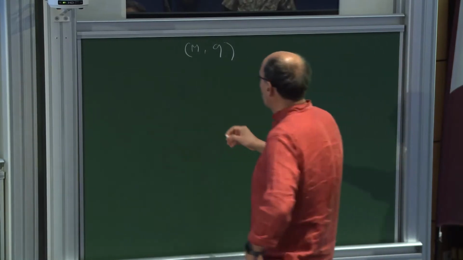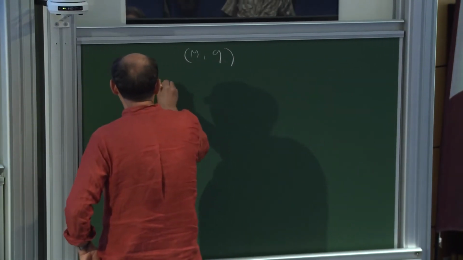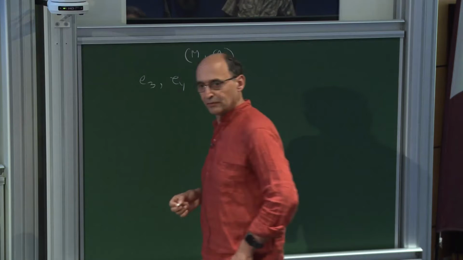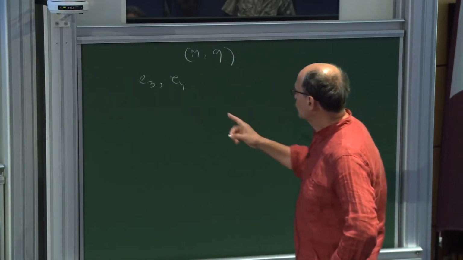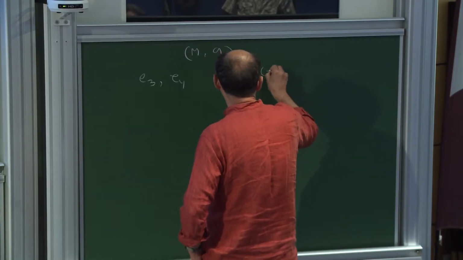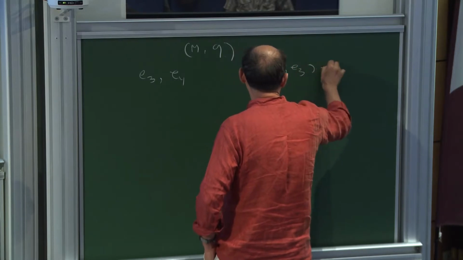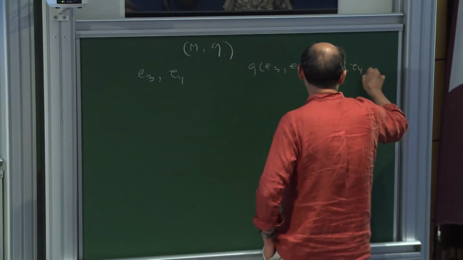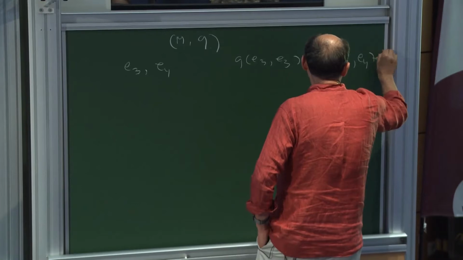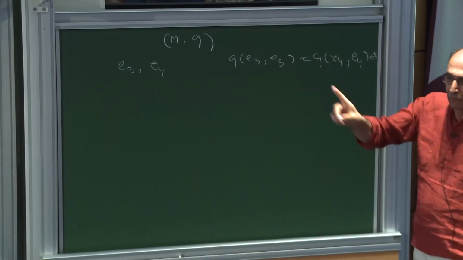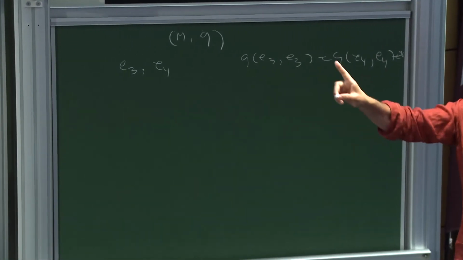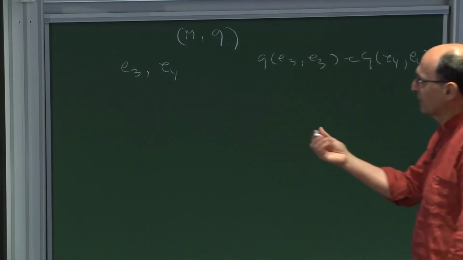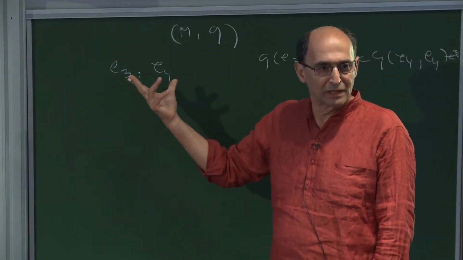So why are frames important? Frames are simply vector fields in space-time which are null. So in other words, g(e3, e3) = g(e4, e4) = 0. And therefore, they correspond somehow to propagation, right? So that's why they are very, very important. In coordinates, it's very hard to write things like this, right?